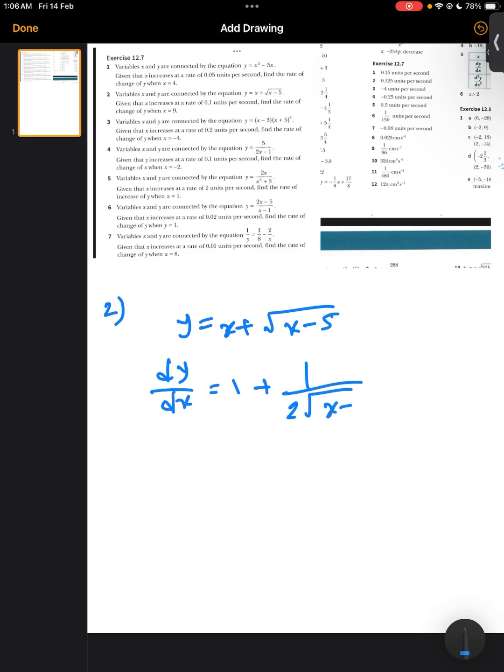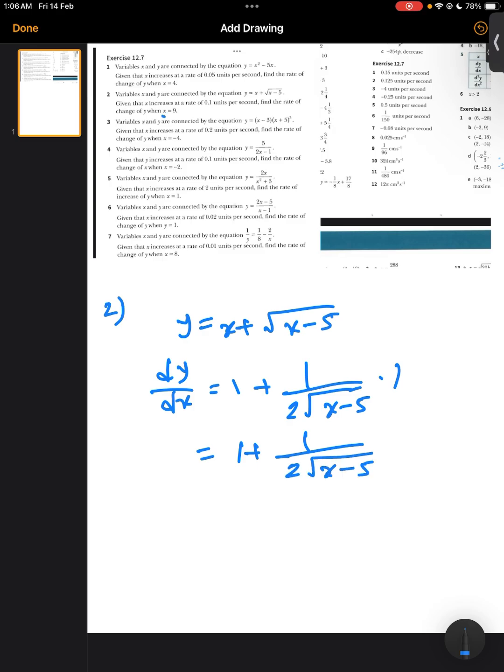Now the second math. First thing first, the equation: y is equal to x plus the square root of x minus 5. So dy/dx would be 1 plus 1 by 2 root over x minus 5 times 1, which is technically 1 plus 1 divided by 2 root over x minus 5.